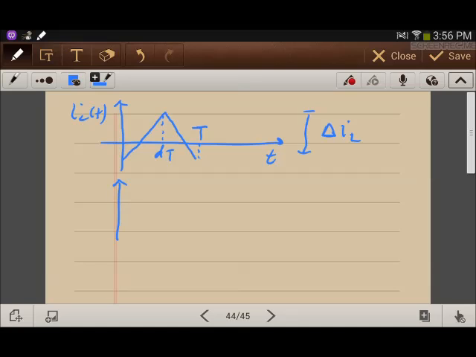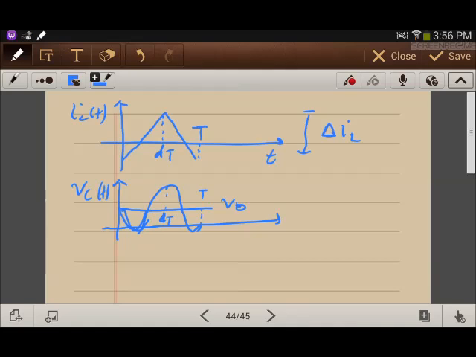The voltage across the capacitor as a function of time, if this is the output voltage, it will behave like so. This is T, this is dt.